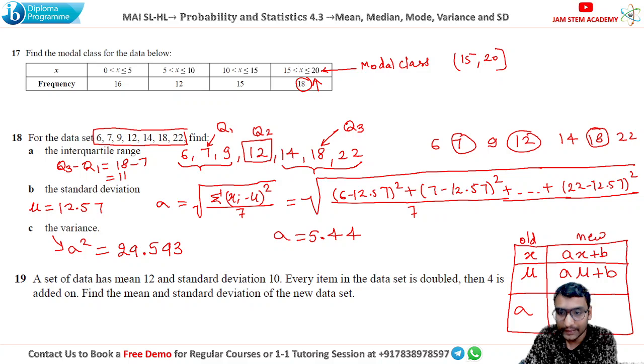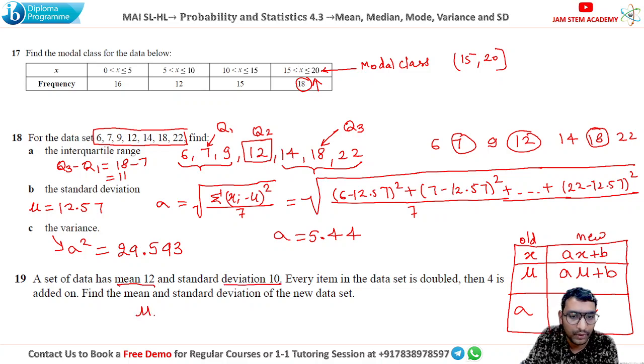It will remain the same. But if you multiply the old data with some number a, the new standard deviation will be a times the old standard deviation.